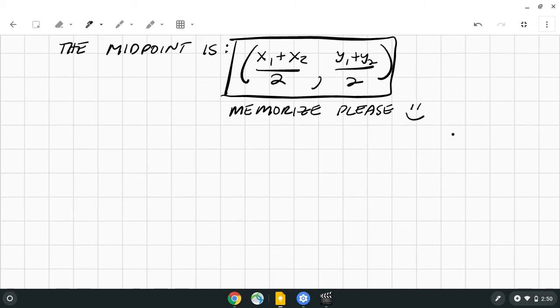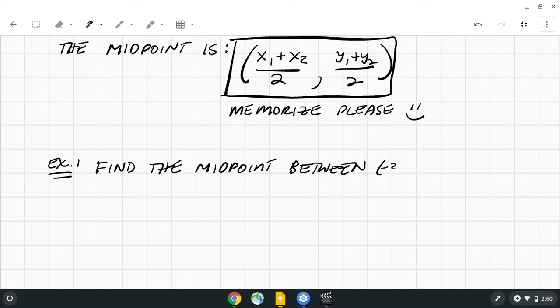Okay, so let's take a look at an example here. Find the midpoint. So find the point halfway between -3, 5 and 1, -2.